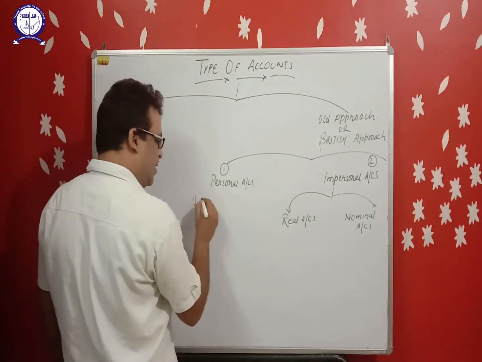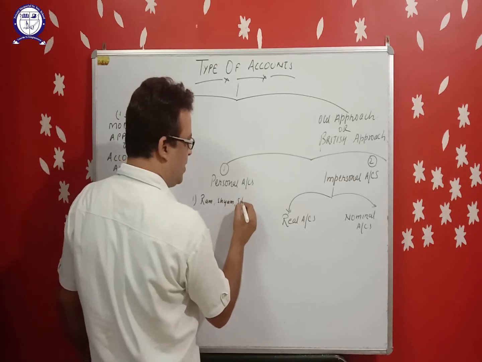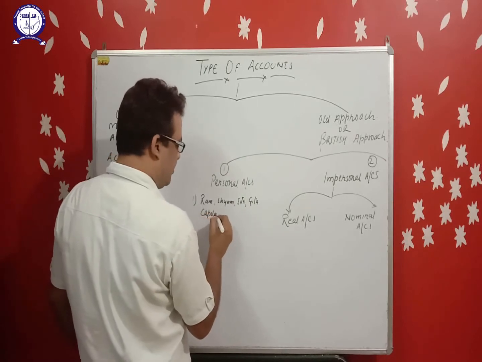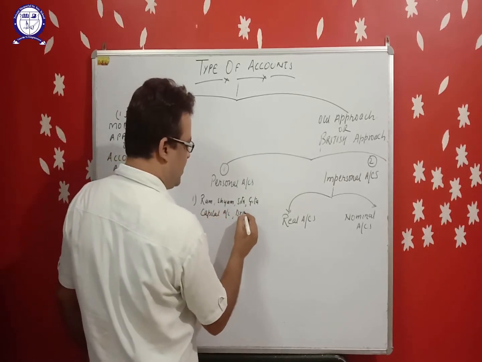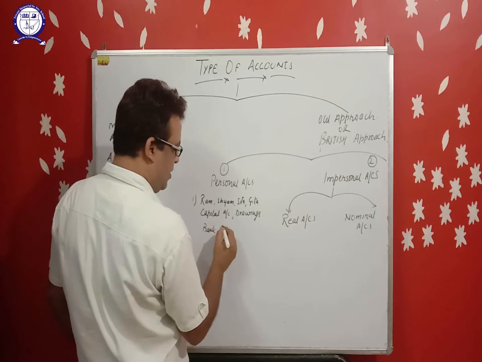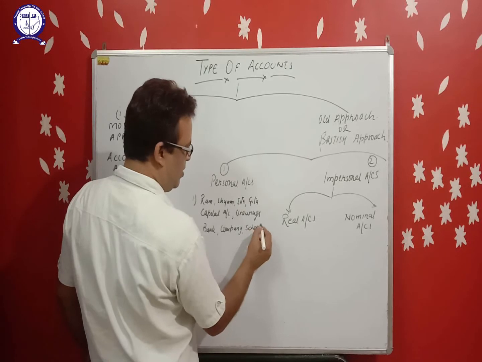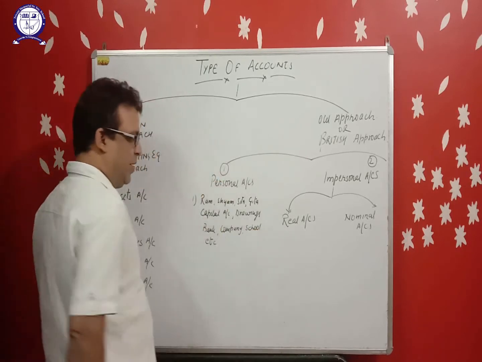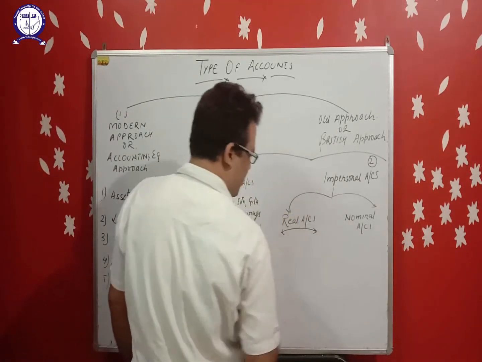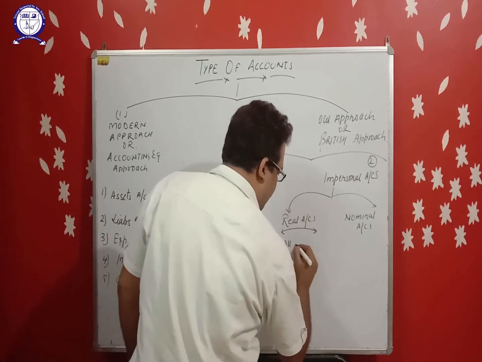For example, Ram, Sham, Sita, Gita, capital accounts, drawings, bank, company, school, etc. In real accounts, all the assets accounts are included.